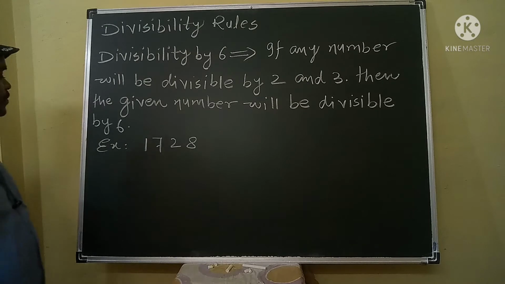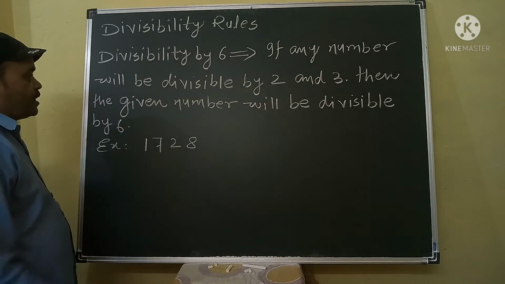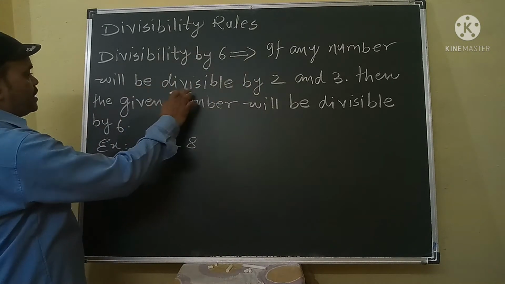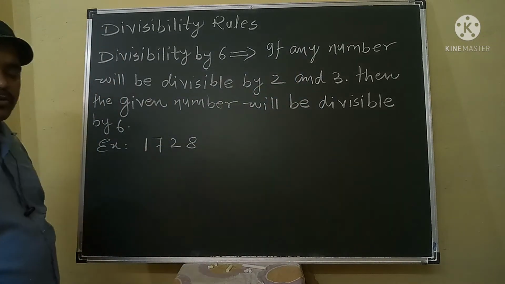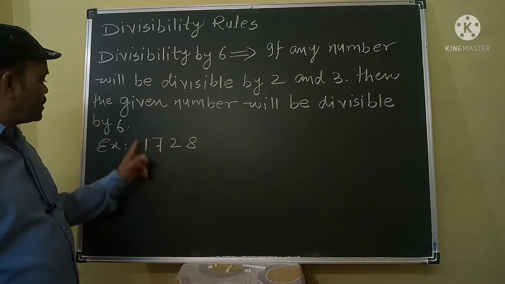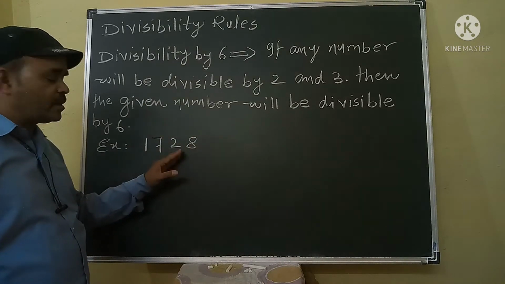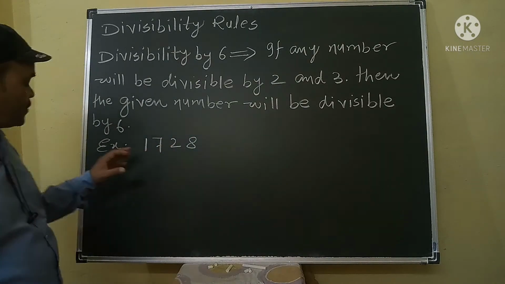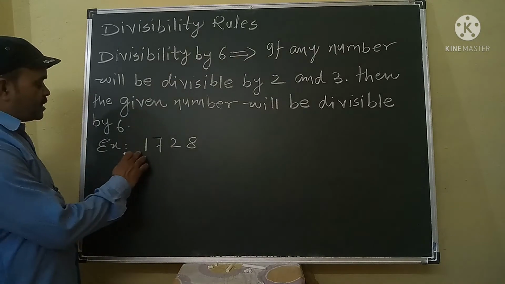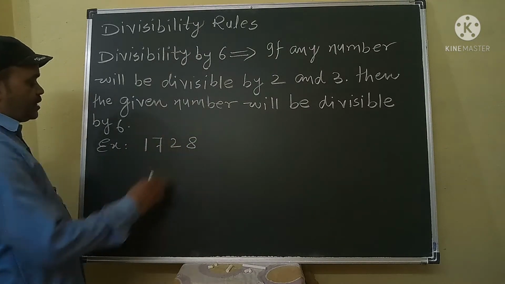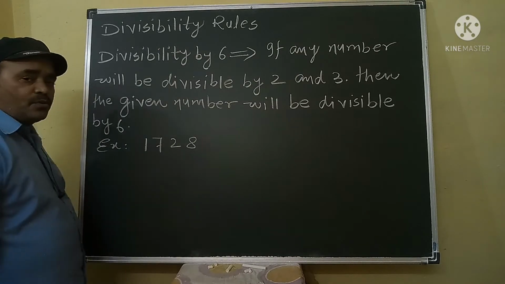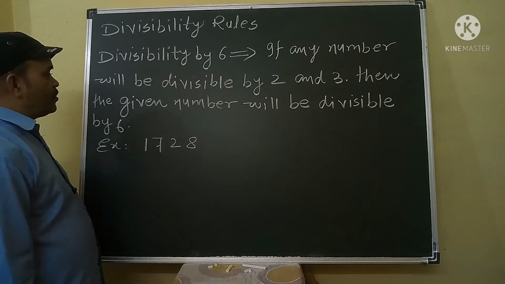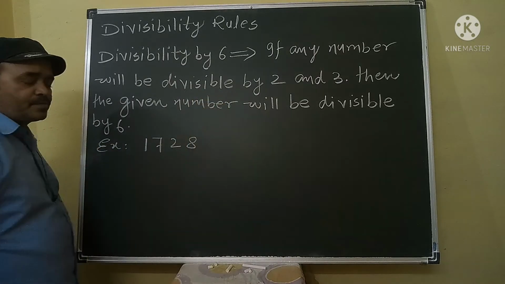So what we will do? According to the statement, if any number is divisible by 2 and 3. So first we will check whether the given number is divisible by 2 or not. So what is the rule for divisibility by 2?